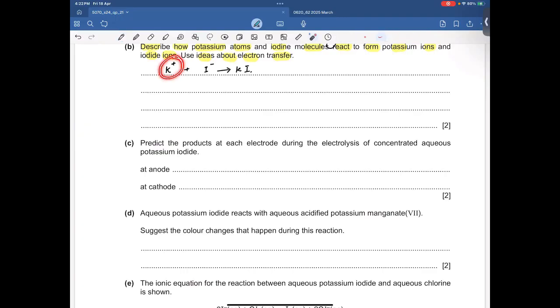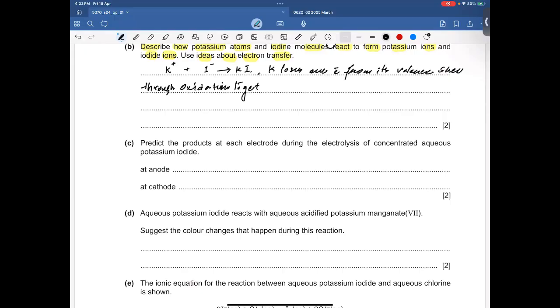Since potassium is found in group 1 of the periodic table, it loses 1 electron from its valence shell through oxidation, to get the noble gas stable configuration.